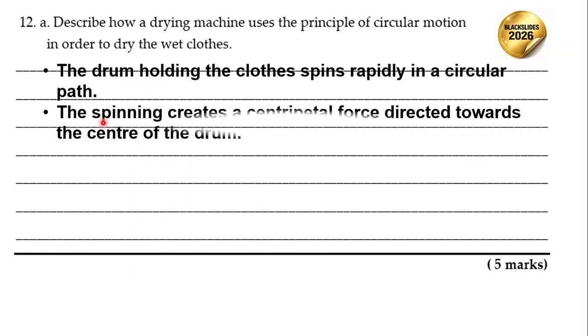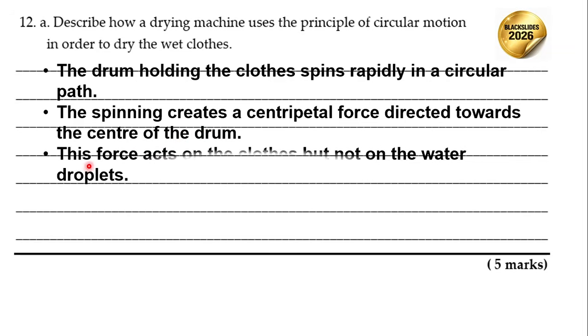So the spinning creates a centripetal force directed towards the center of the drum. Remember that centripetal force is the center seeking force of a body that is moving in a circular path. This force acts on the clothes but not on the water droplets.